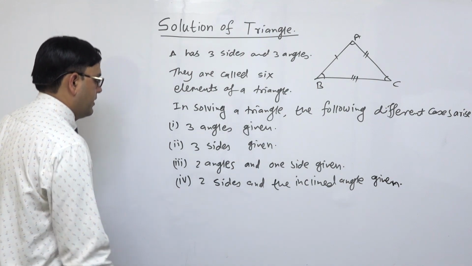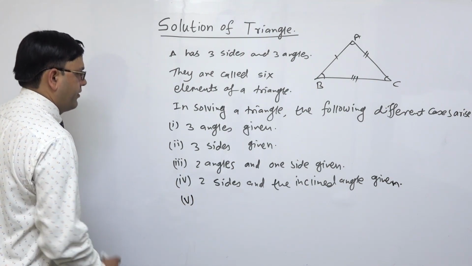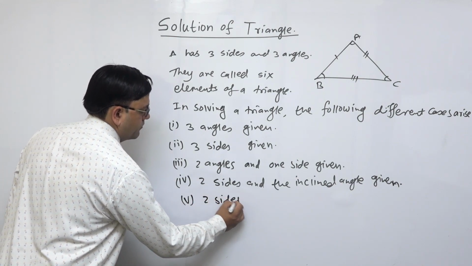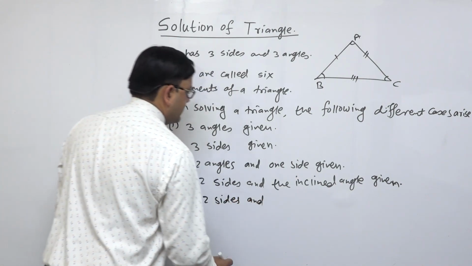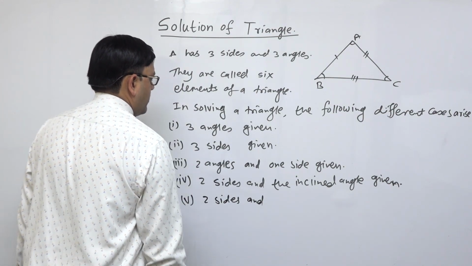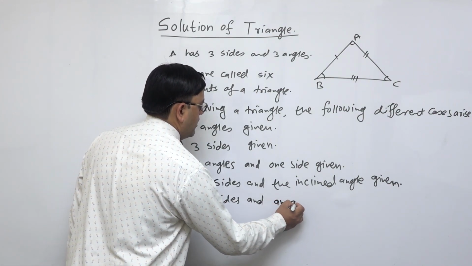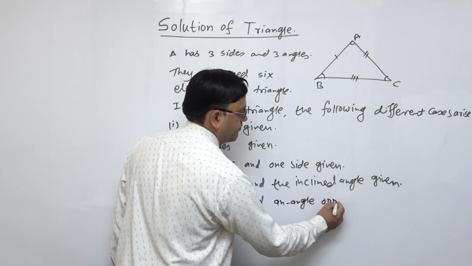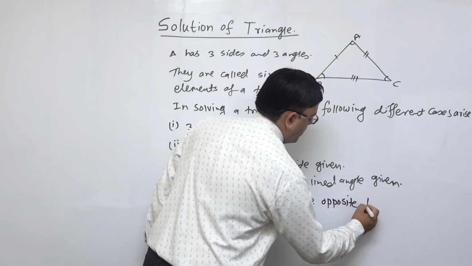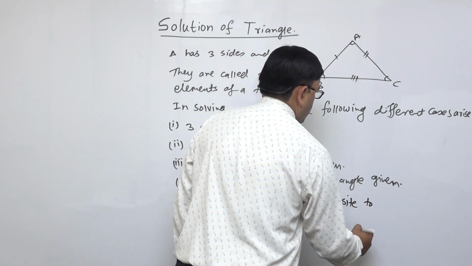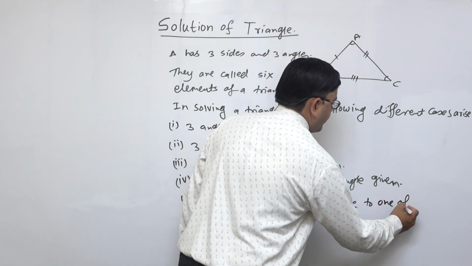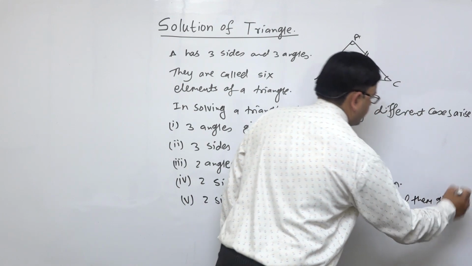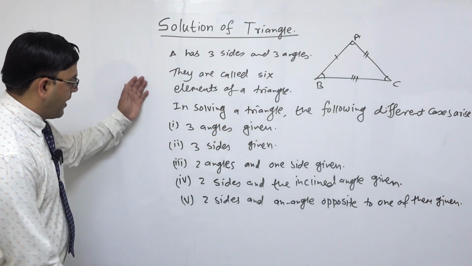And the fifth one is 2 sides and an angle opposite to one of them given. So in this way we have here 5 cases.